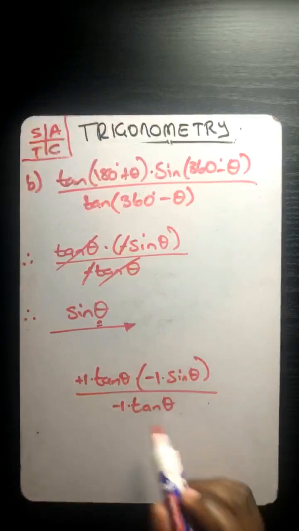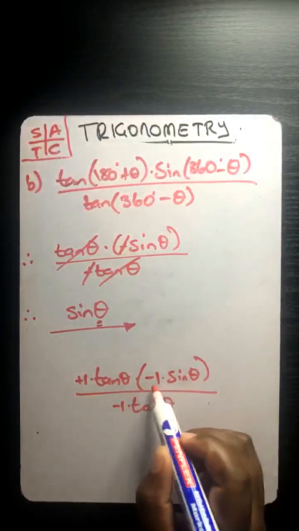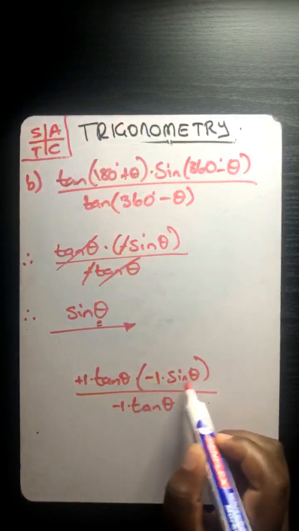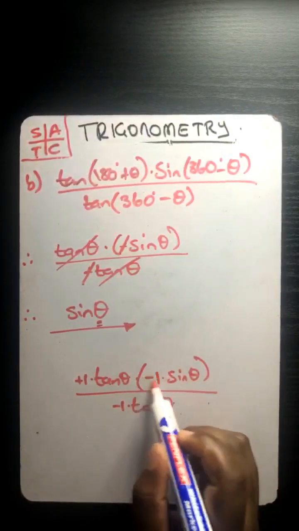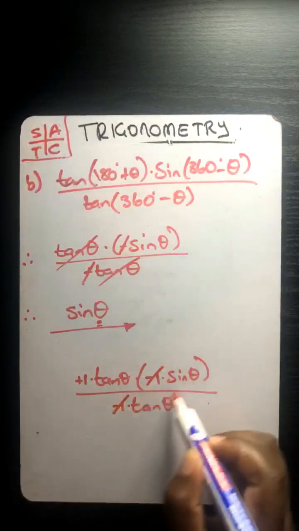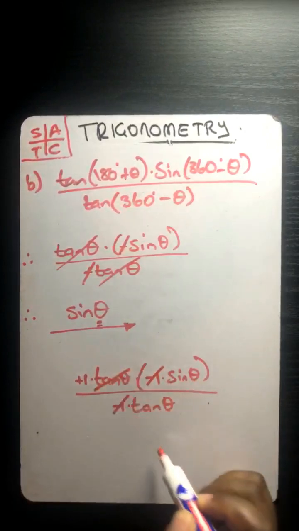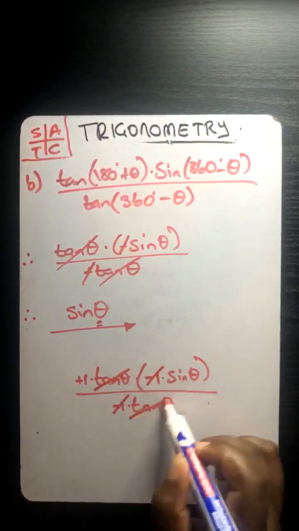So the negative, you see the trig ratios are not the same. This negative is not for sine, but it's for that invisible 1 there. So it's more like negative 1 cancelling negative 1, and you just remain with sine tan. And then now you are having that tan cancelling with that tan.